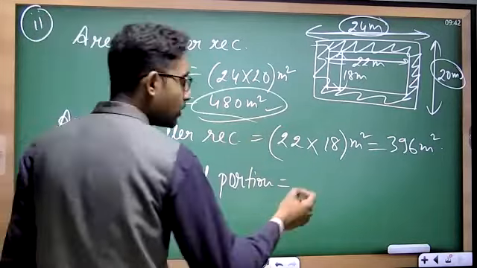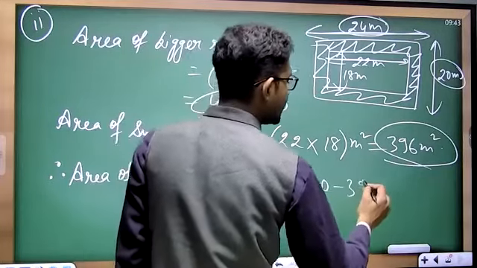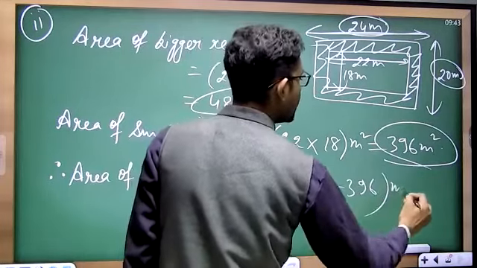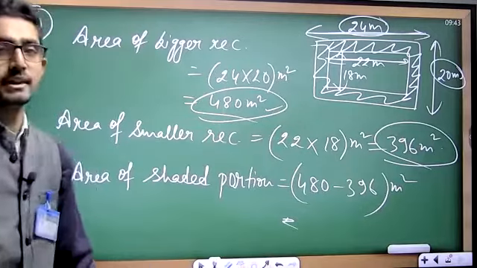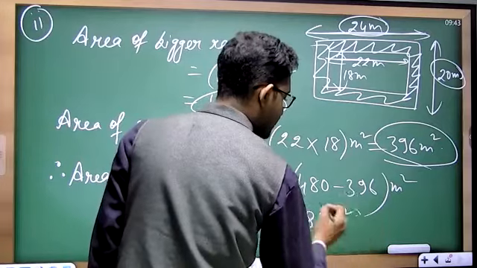So 480 minus 396 is equal to how many? How much will it be? 84 meters square. Yes.